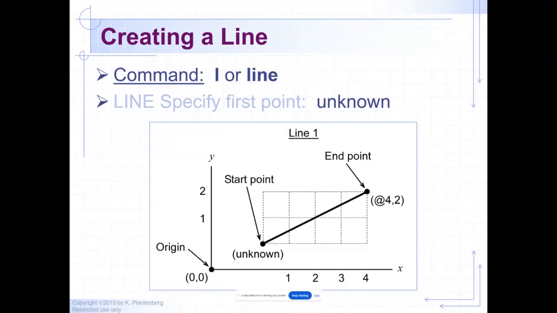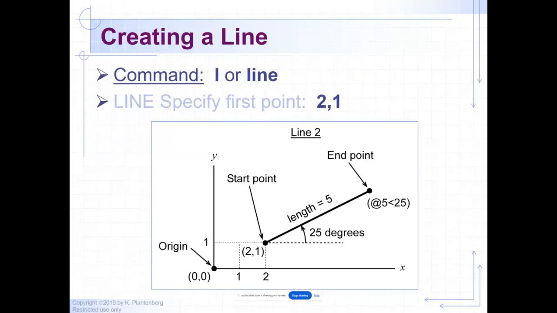Okay. All right. And then if you want to specify a starting point, like I said, the first point is always going to be absolute. And then after that, everything's relative if dynamic input is on.